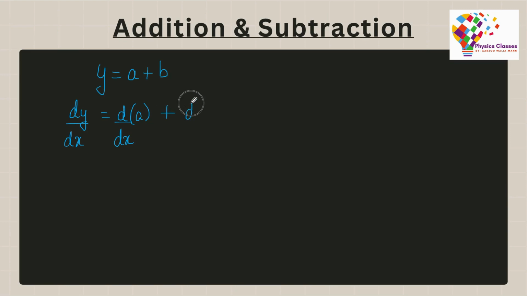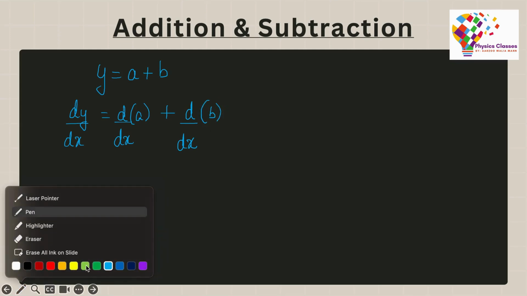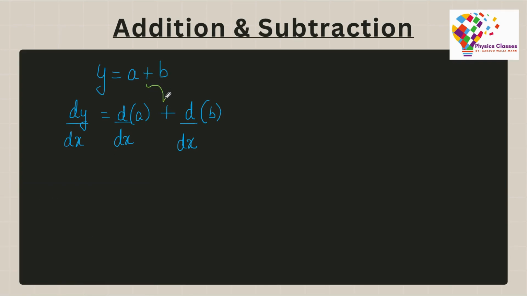That means dy by dx will be equal to the differentiation of a with respect to x plus the differentiation of b with respect to x. Similarly, if you have y equal to a minus b and you want to differentiate y, you differentiate a and b separately, but because there is a negative sign in between, you subtract the differentiation of the two. So dy by dx will be equal to dA by dx minus dB by dx.